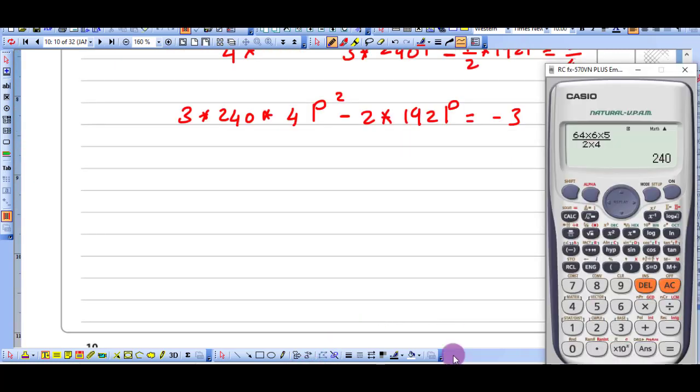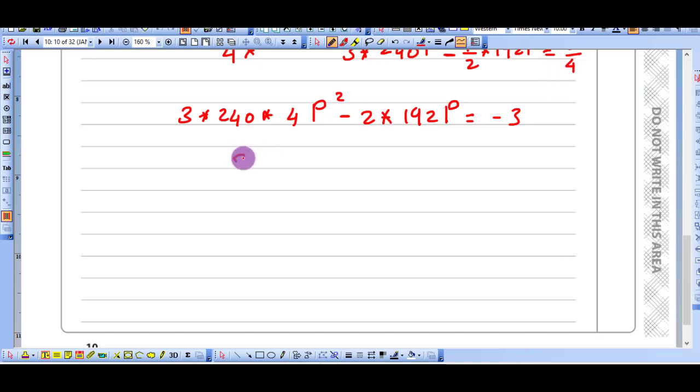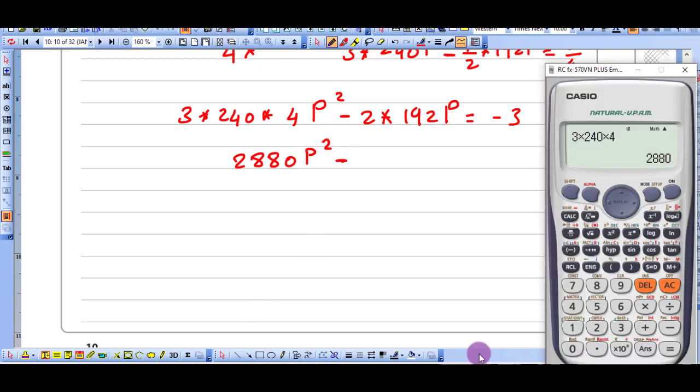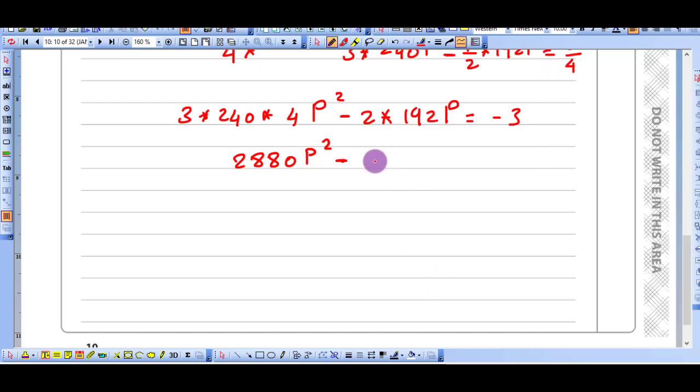So let me find these values. We have 3 by 240 by 4, so 2880b squared minus 192 by 2, 384b plus 3 equal to 0.